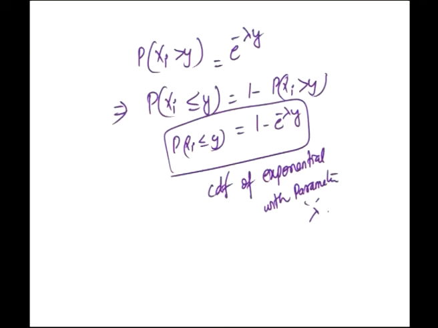Hence, we have proved that if Y1, the minimum of X1, X2, etc. up to Xn, follows exponential distribution with parameter nλ, then each Xi from which the minimum has been taken follows exponential distribution with parameter λ. Hence proved.